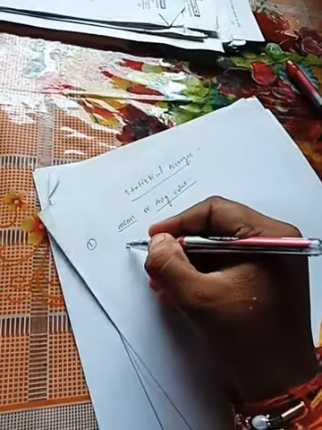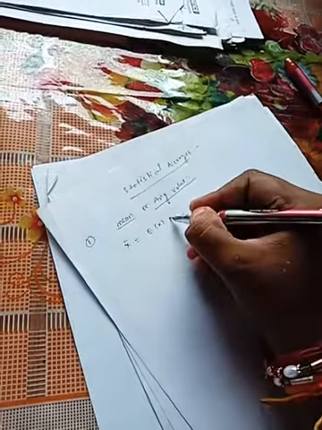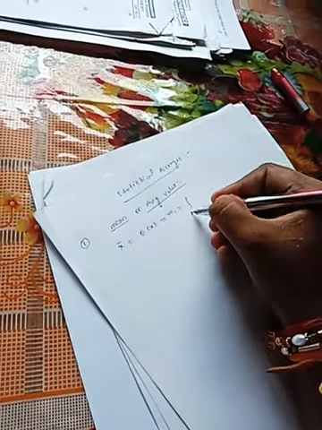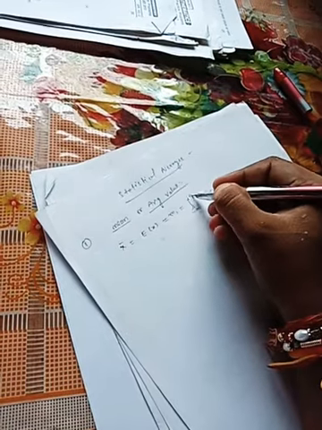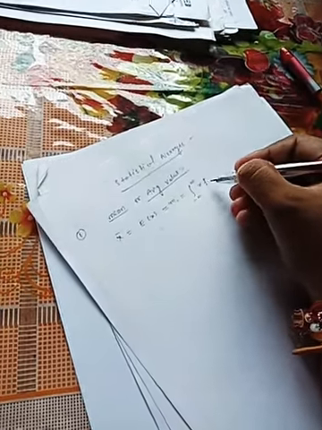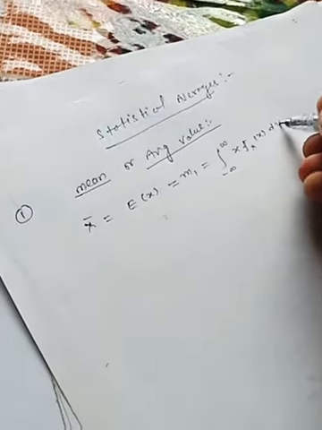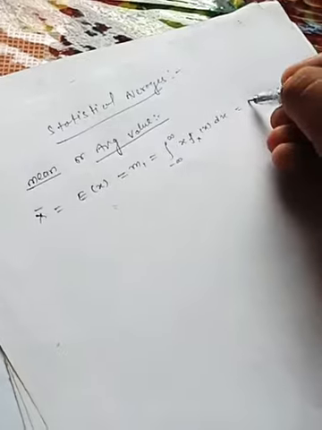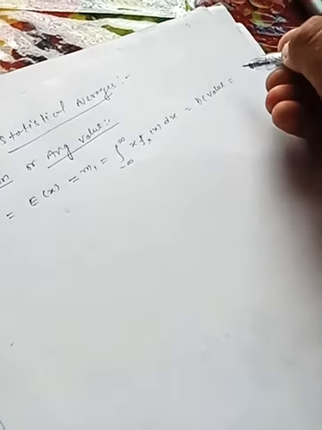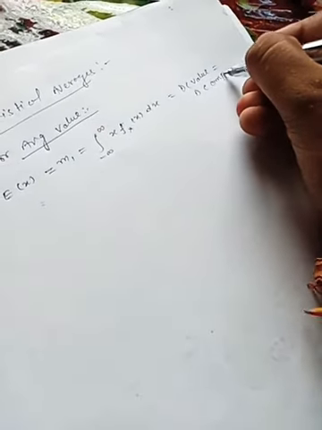We can denote it as E of x or m1, which is defined as the integration from minus infinity to infinity of x times PDF dx, or DC value or DC component.